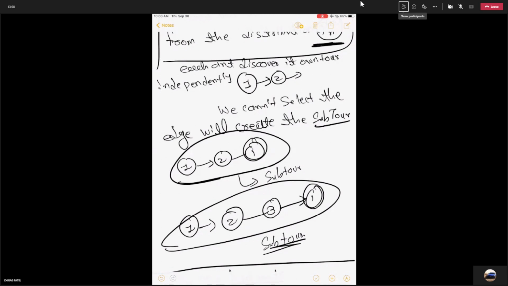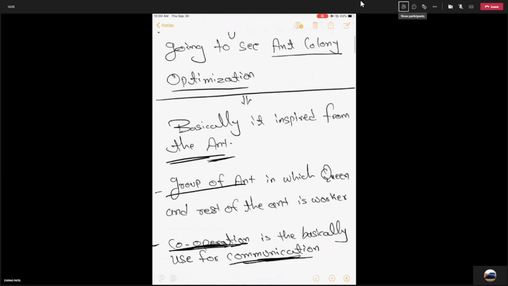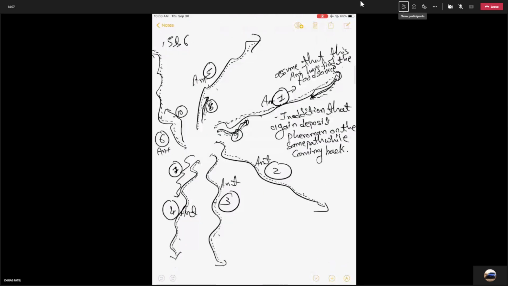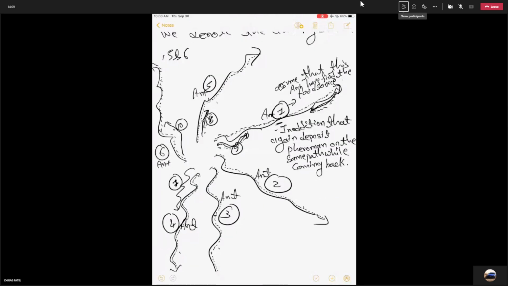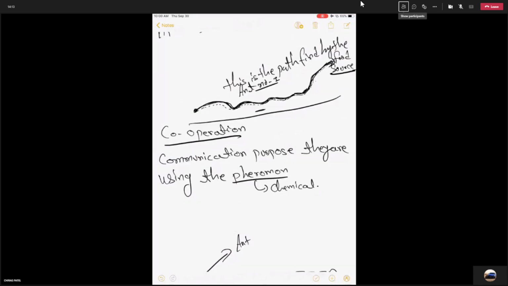Once an ant has constructed a route, yesterday's example is there where this route was discovered by ant number 1, right? After that, many more ants are going to follow this route.